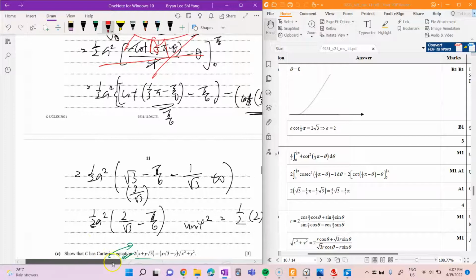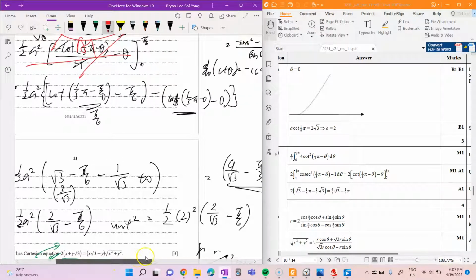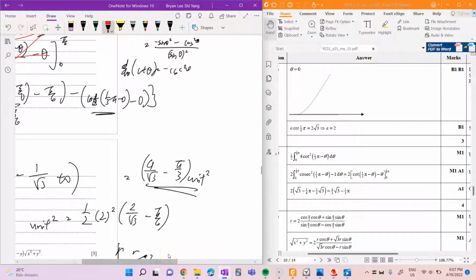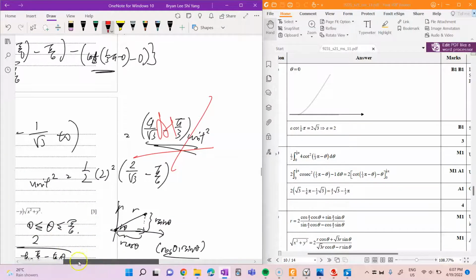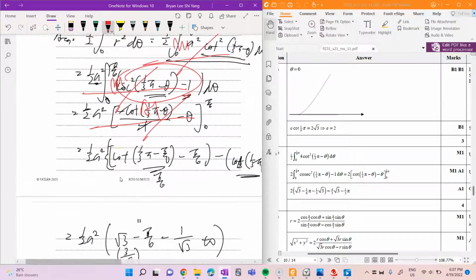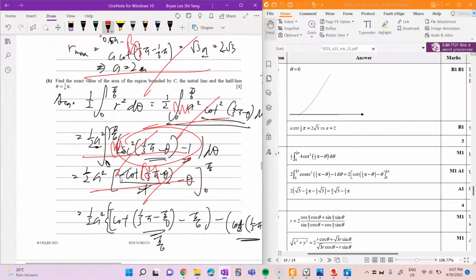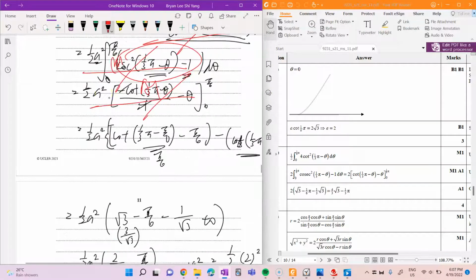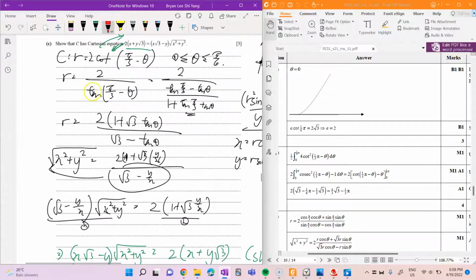Then yeah, I did the substitution in the final steps, so since my final answer is correct, I'll also give myself an A1. Now for the M1 A1 M1 M1 A1, okay, so this one is also full marks, but I'd still recommend to just substitute A into it directly. I don't follow my steps.